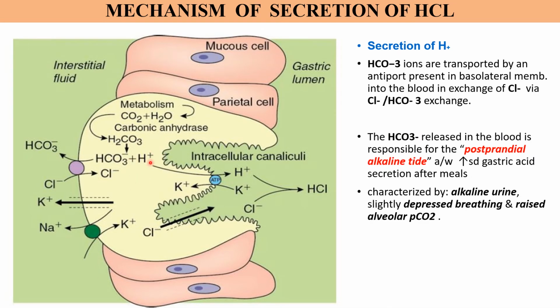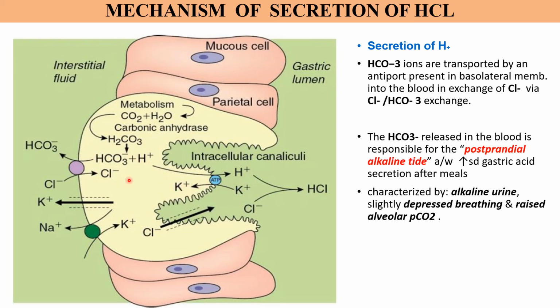Now you know how the H plus ion that was formed is actively transported into the intracellular canaliculi or the gastric lumen by this proton pump in exchange for potassium ions.